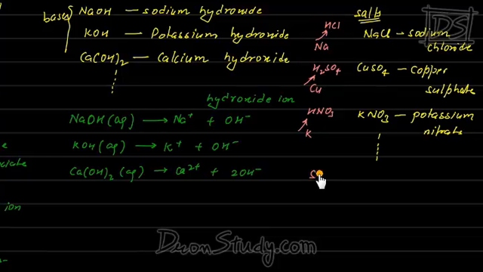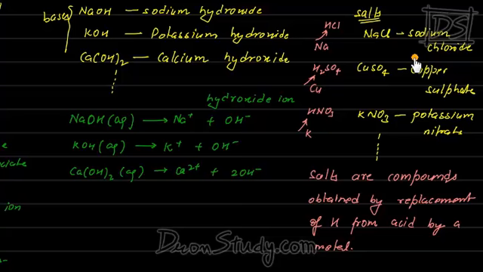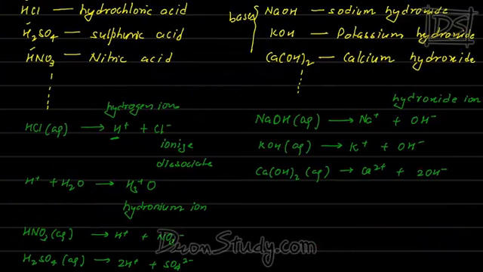So students, we can write that salts are compounds obtained by replacement of hydrogen from acid by a metal. The hydrogen in acid, if that is replaced by a metal, then what do we call it, students? Salt.